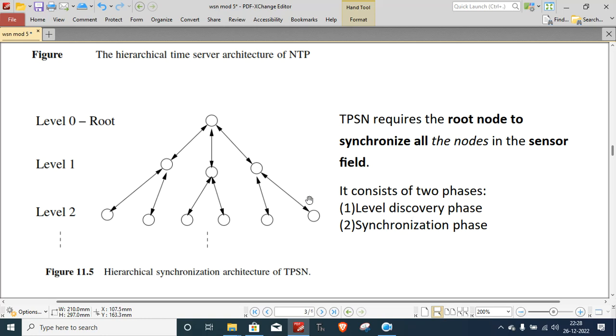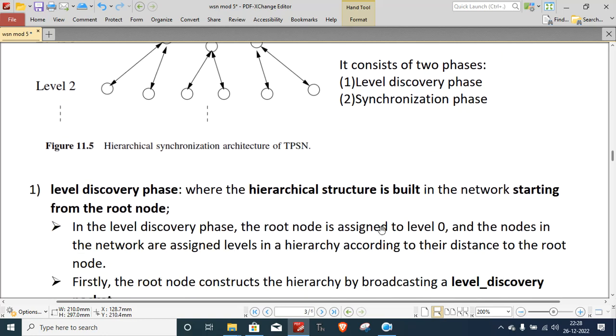One is the level discovery phase, wherein levels are formed, followed by the synchronization phase. Let's take up the level discovery phase first and see how exactly the hierarchy forms, followed by the synchronization phase.